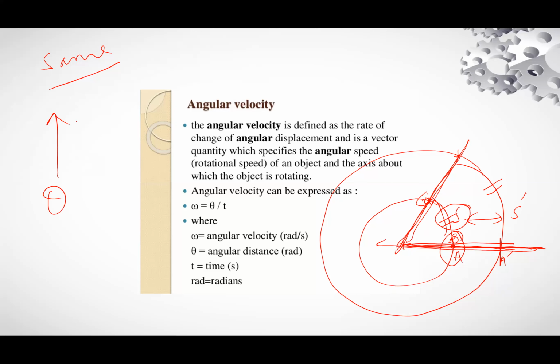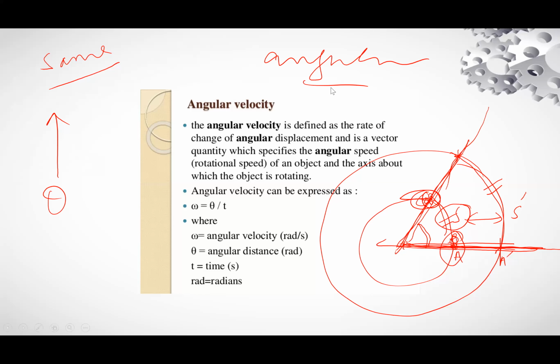Angular displacement will be the same, because if theta is 90 degrees for this point and this point, 30 degrees, for this it will also be the same. So if you take different points on different circles between the same lines, angular quantities will remain the same and linear quantities will be different.